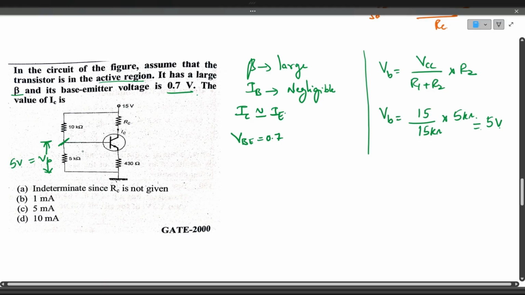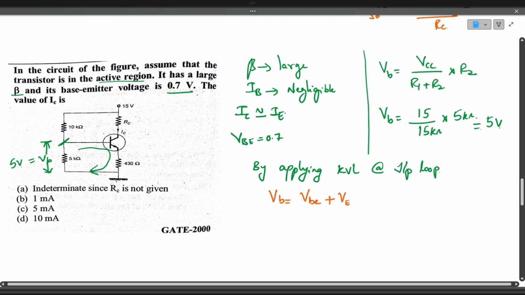Now we apply the Kirchhoff voltage law in the input loop. By applying KVL at the input loop, you will get VB is equal to VBE, base emitter voltage, plus VE, the voltage across the emitter resistance, which can also be written as emitter current multiplied by emitter resistance.